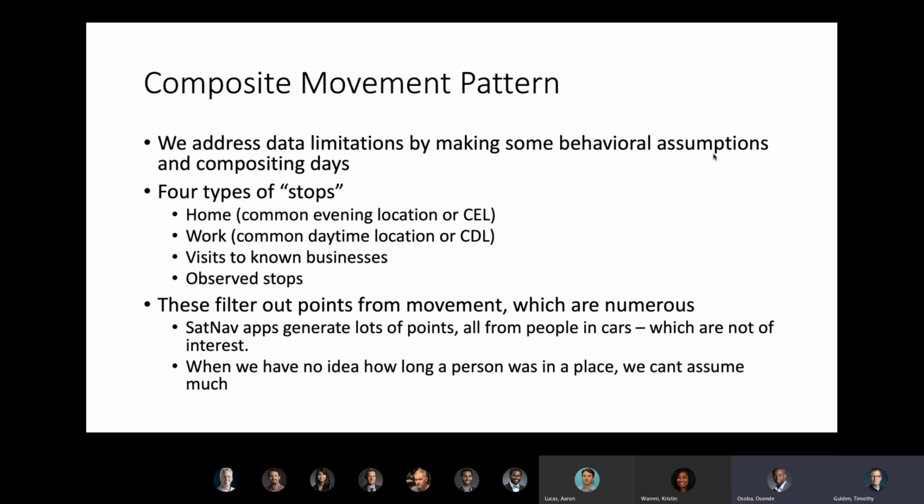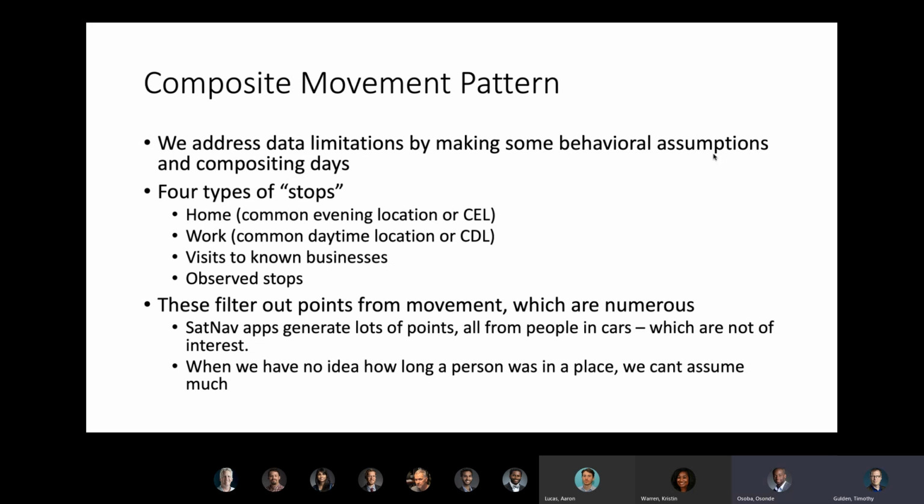We have an estimate of where each device lives, its common evening location that Uber Media calculates. And we also have an estimate of its common daytime location that they also calculate. We could recalculate that, but they're already doing it, so it's handy. And then we can work out where the device is.